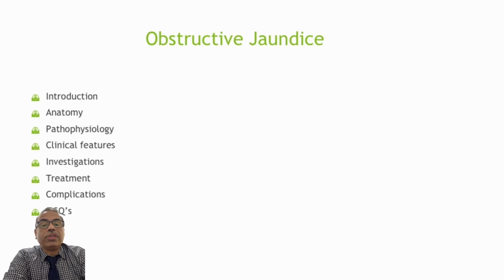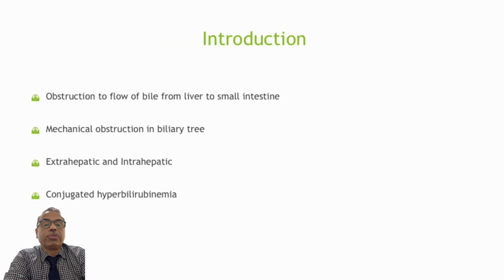A word about clinical features. What are the different types of investigations which we would do in a patient of obstructive jaundice? Treatment, and finally complications. In the end, I have given a few multiple choice questions to understand this topic much better, which you can solve in your spare time and put in your comment section.